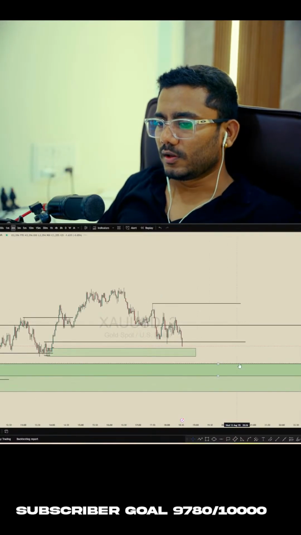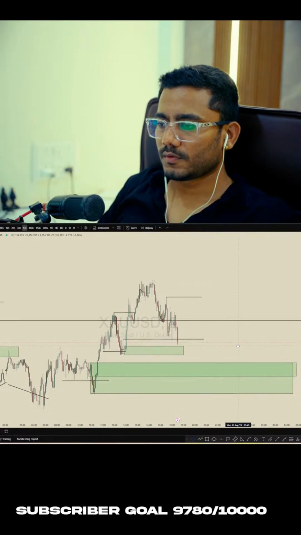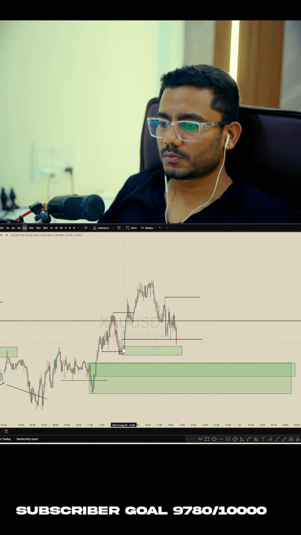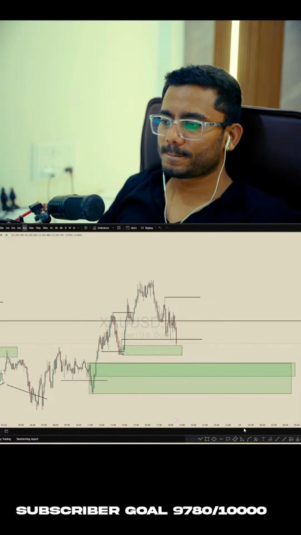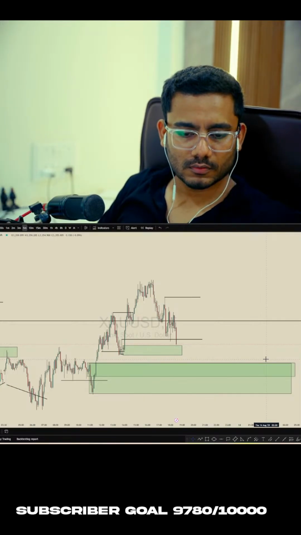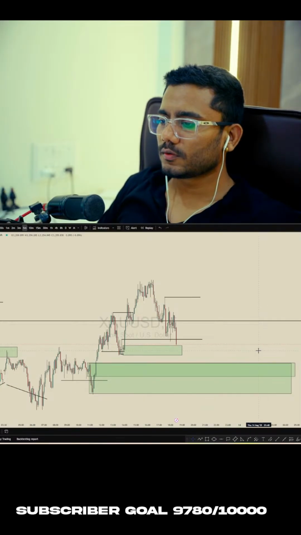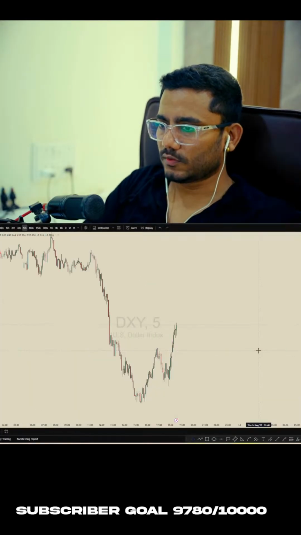Let's say price is continuing. Let's look at DXY first.